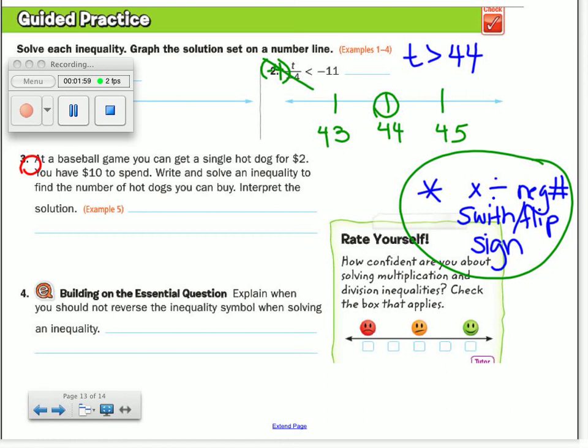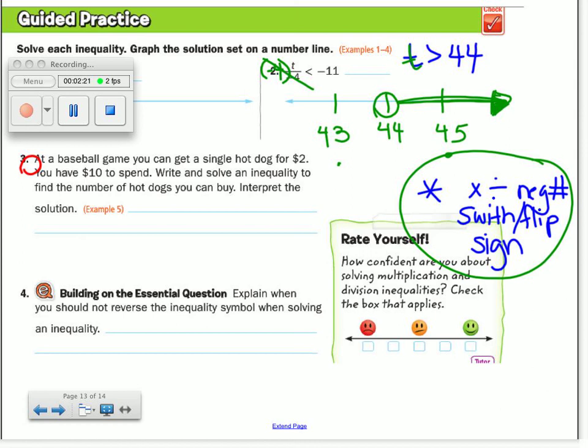And then what I'm going to do is try some numbers and plug them into this t here. So let's try 43. Is 43 greater than 44? Nope. Okay, let's try 45 here. Is 45 greater than 44? Yes. So this is the direction we want to draw our arrow and darken our line.